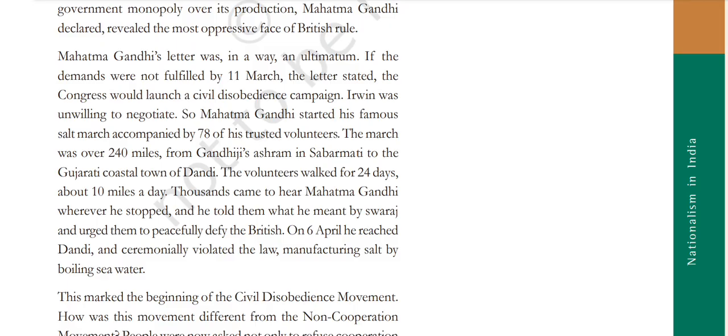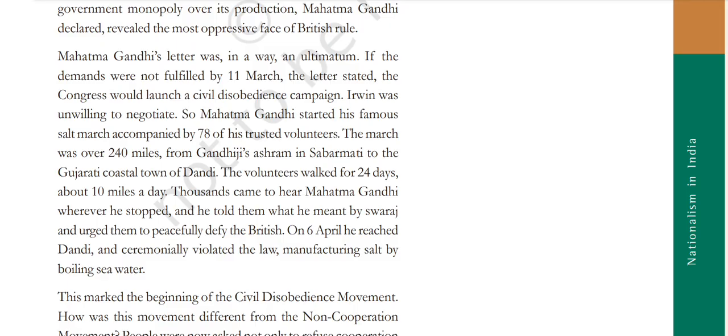Irwin was unwilling to negotiate, so Mahatma Gandhi started his famous Salt March accompanied by 78 of his trusted volunteers. The march was over 240 miles, from Gandhiji's ashram in Sabarmati to the Gujarati coastal town of Dandi. The volunteers walked for 24 days, about 10 miles a day.